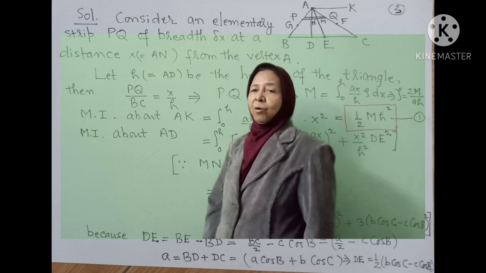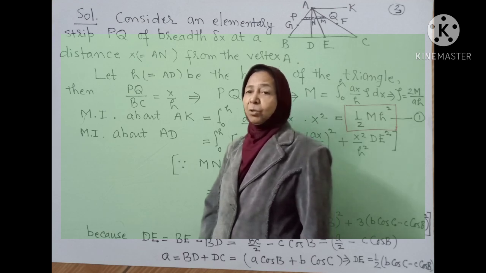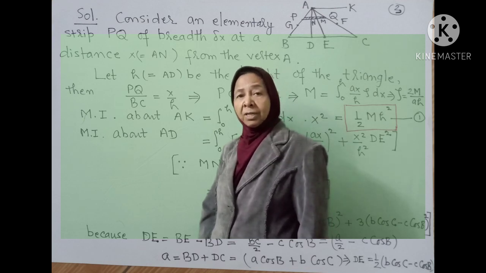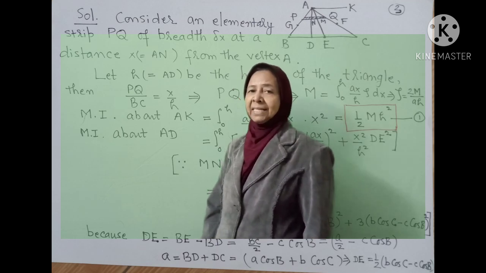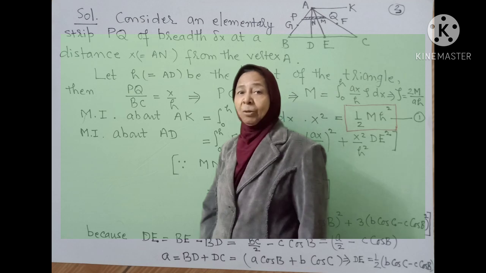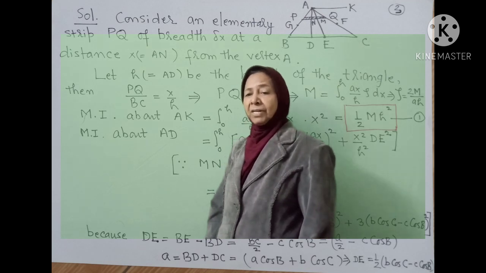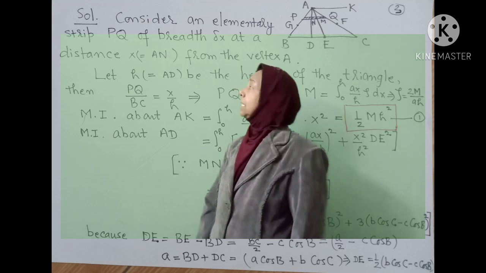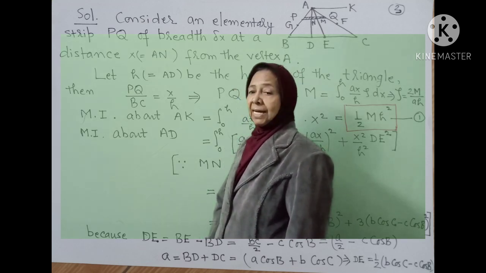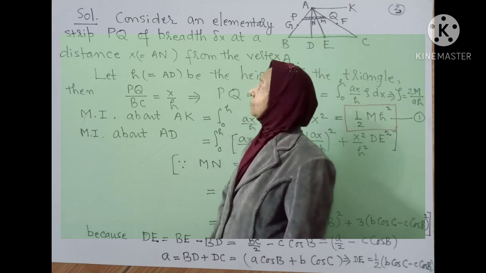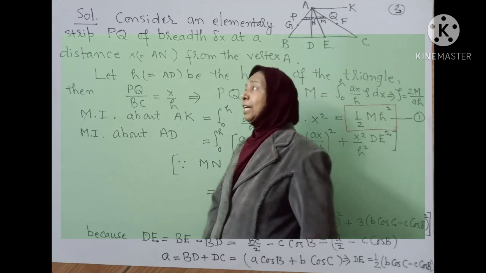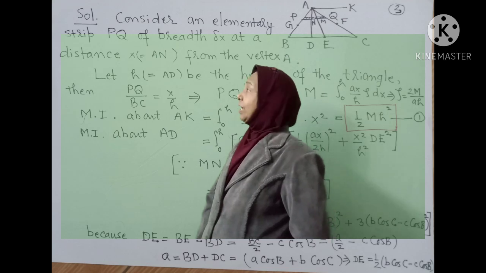So we are going to use a result. We know the moment of inertia of a strip or of a rod whose length is 2a about an axis passing through its center and perpendicular to it is ma square by 3. So the moment of inertia of this strip about AD will come out as integral 0 to h of rho ax divided by h into dx, this is for mass, and in a bracket ax divided by 2h.